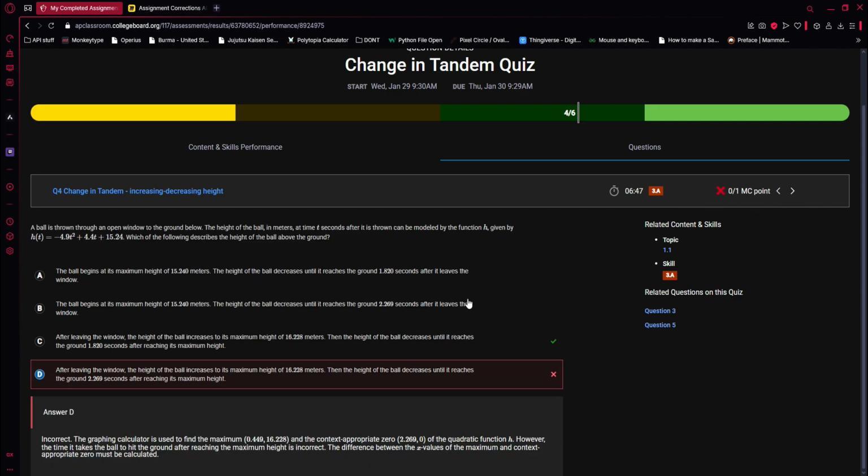Now this one I got wrong because I didn't follow the first step. A ball is thrown through an open window to the ground below. The height of the ball in meters at a time t seconds after it's thrown can be modeled by the function h, given by h of t equals this thing. Which of the following describes the height of the ball above the ground? Alrighty, so immediately what we see is the ball is thrown through an open window to the ground below.